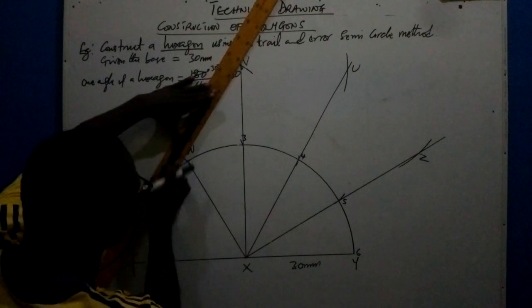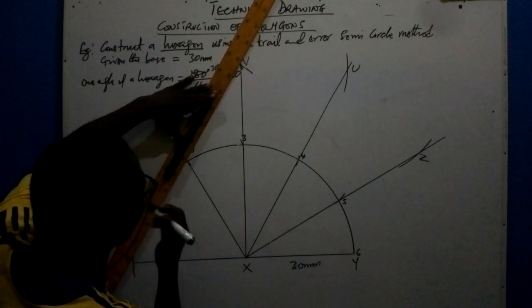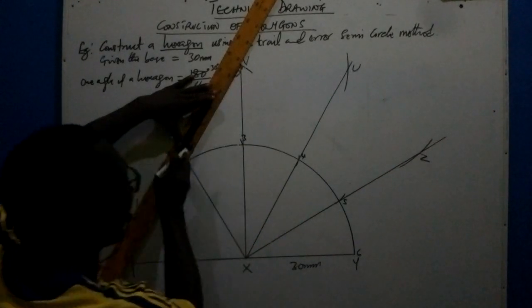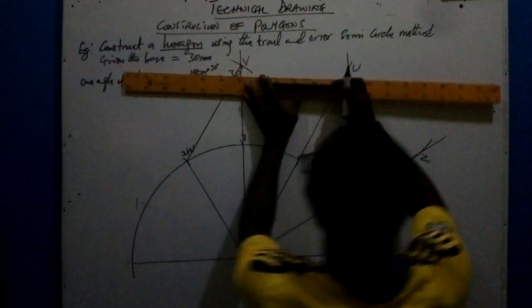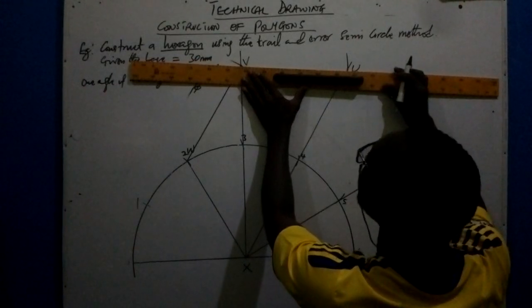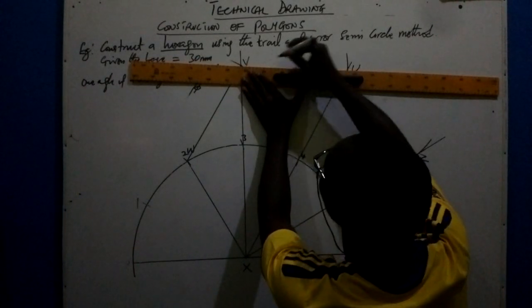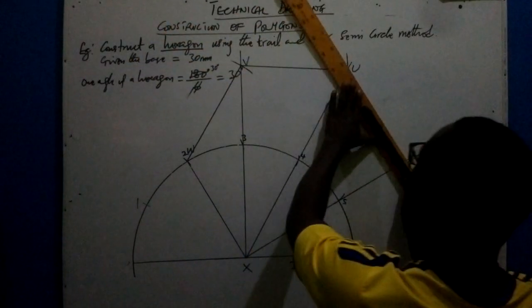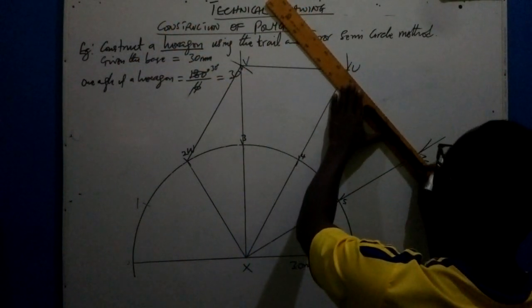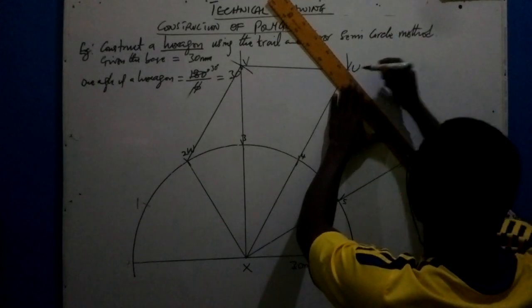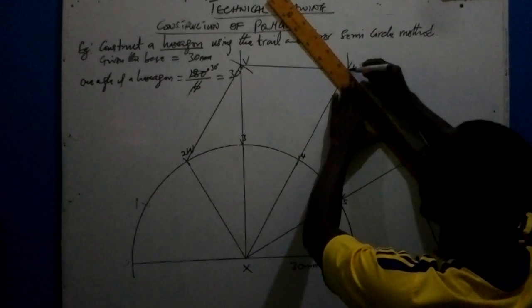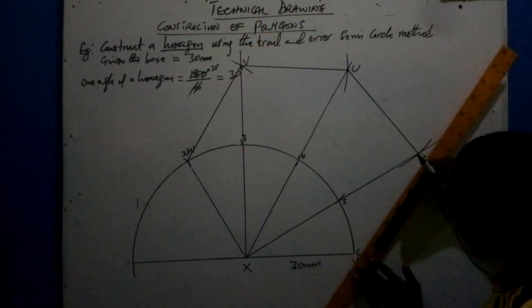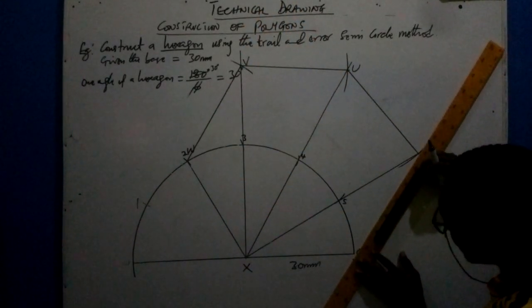In that U, V will join to, then V will join to, then U will join to Z. Then Z will be joined to.